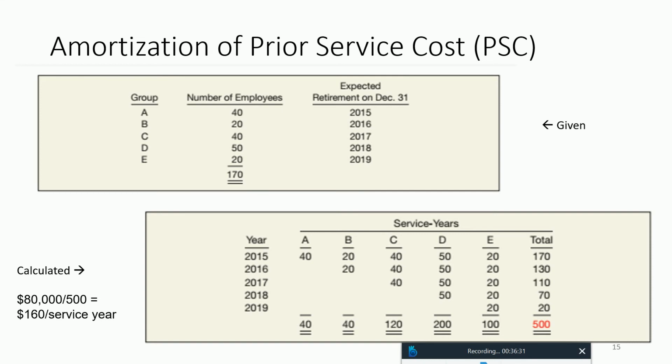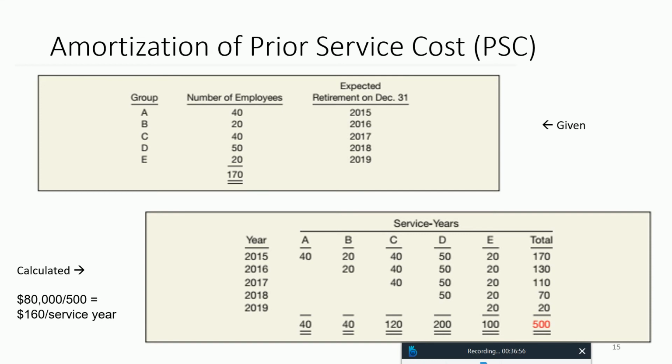For the employees in Group C, there's 40 of them. They're going to retire in 3 years. So 40 times 3 is 120. So again, that 120 represents service years. So each employee gets a service year for each year that they are going to continue to keep working.